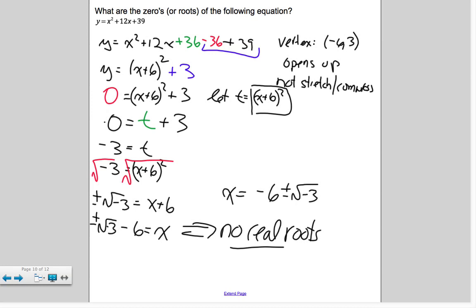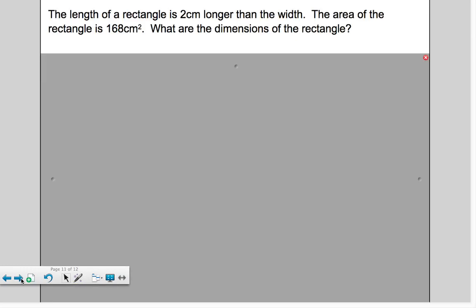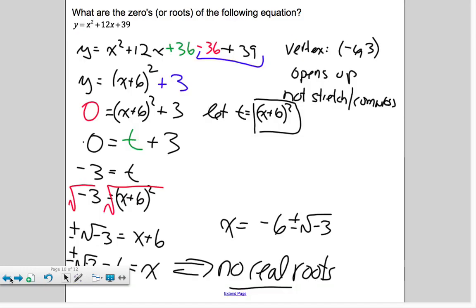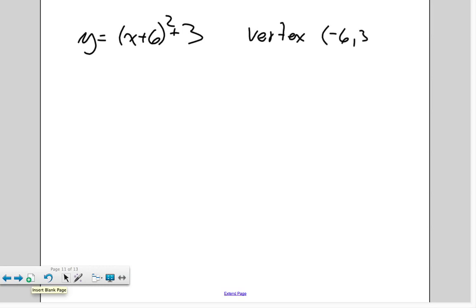Well, let's look at this. What's my equation? Y is equal to x plus 6 quantity squared. What was it? Plus 3? So we said the vertex was -6, 3.